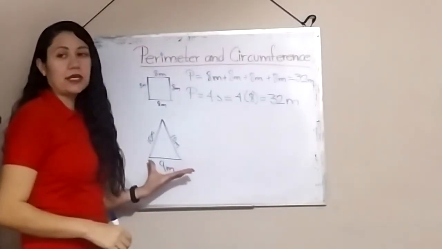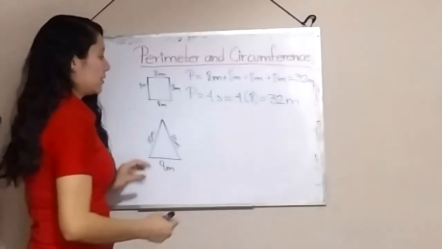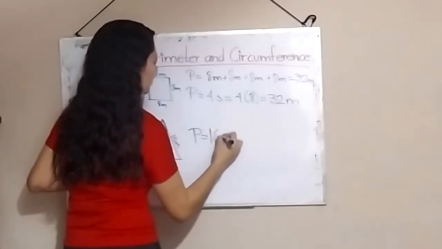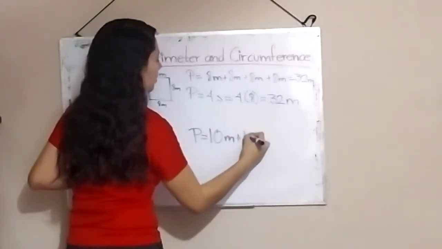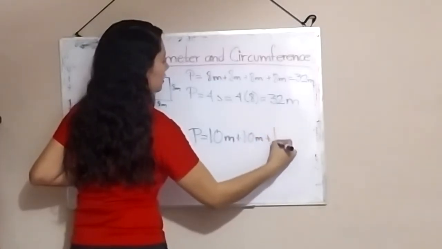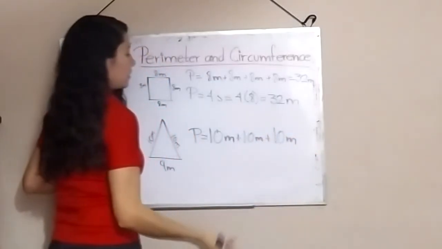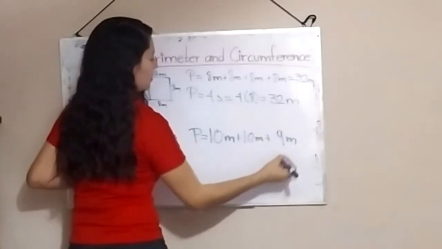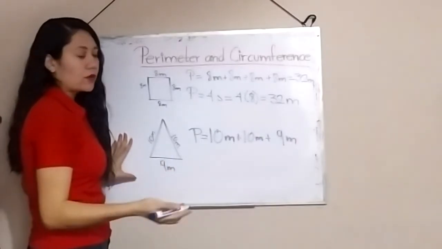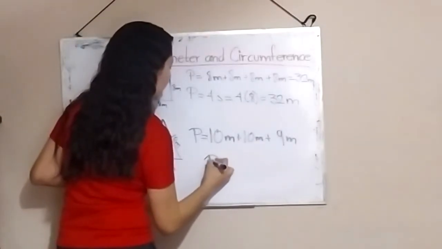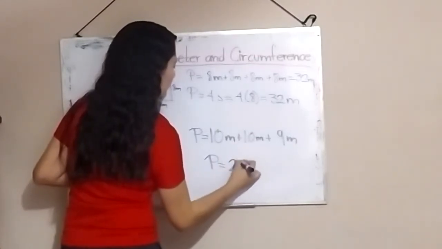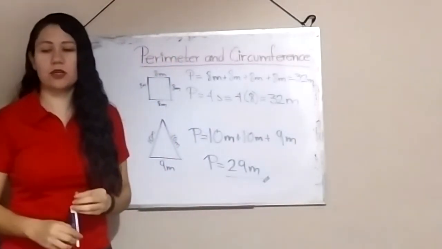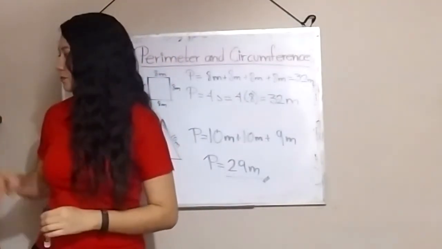So the perimeter is adding up the sides. Perimeter equals 10 meters plus 10 meters plus 9 meters. This would give us a total sum of 29 meters. And that is the perimeter of our isosceles triangle.